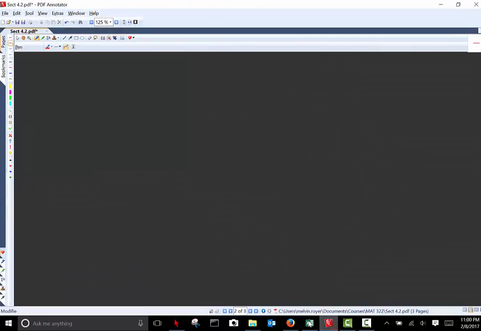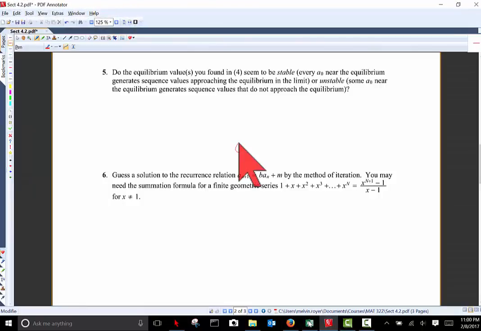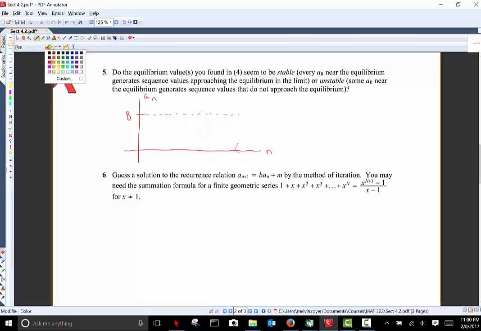What we've discovered is that if I draw another graph here, this is n, this is a sub n, and here's 8. This is my stable population or equilibrium value. So there are some scenarios.